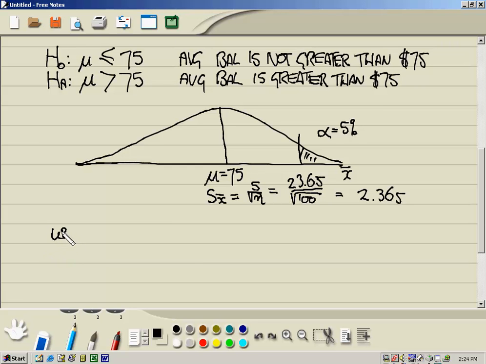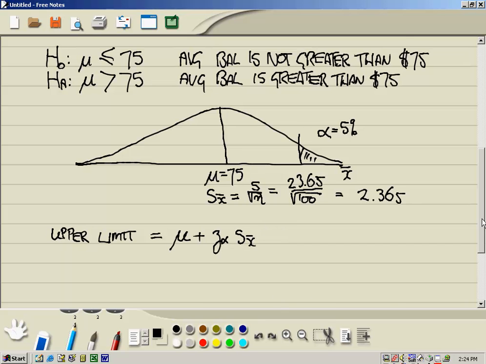Now we're going to calculate the upper limit. It'll be mu plus, since we're going up from the mean, the mean plus a certain value to get us up here. Plus, in general, z with subscript alpha times s of x bar.